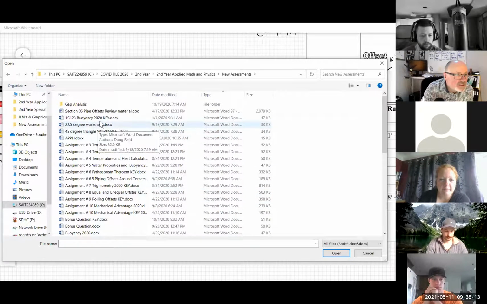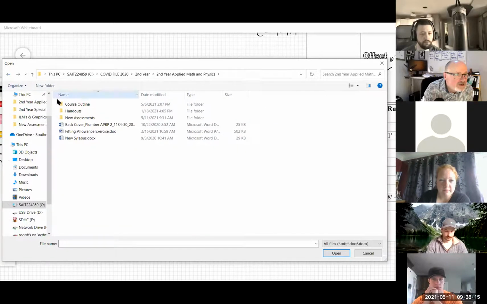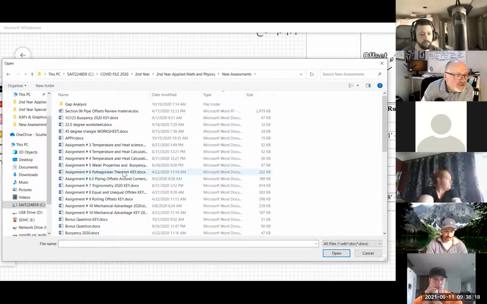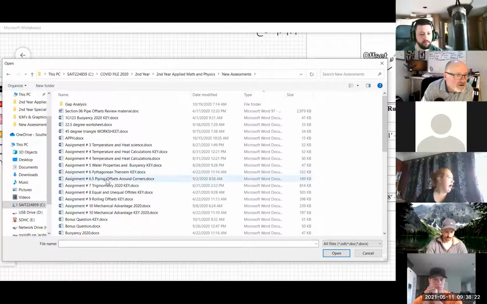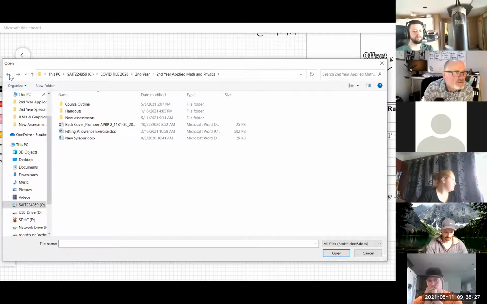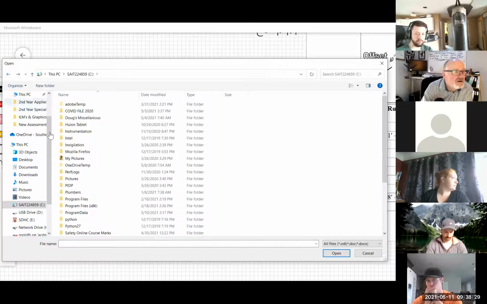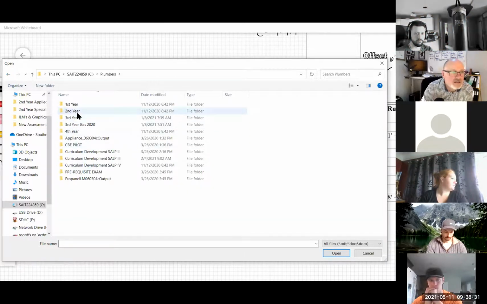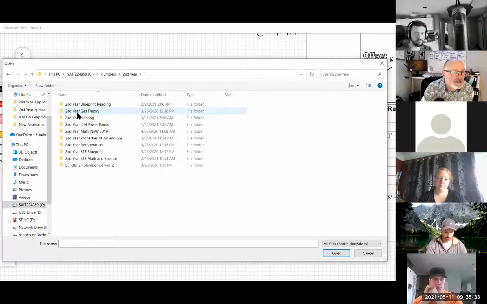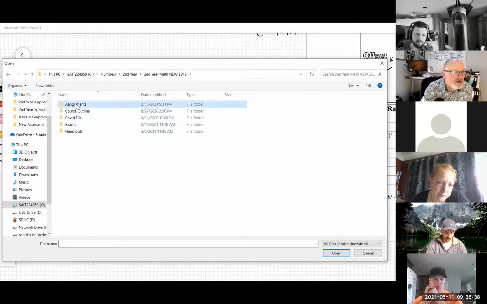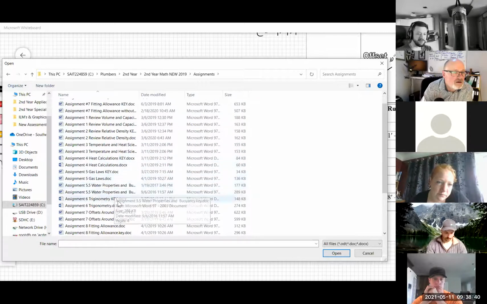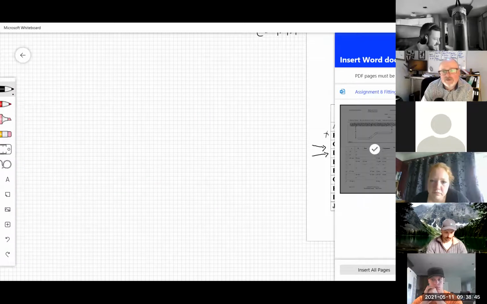That's what I just did. Why isn't a fitting allowance in here? Okay, it's somewhere else. Hang on. I got a lot of files. I got way too many. There we are.